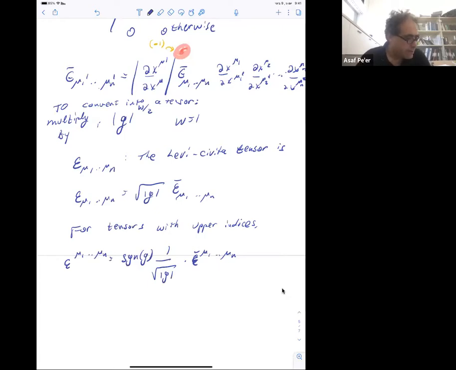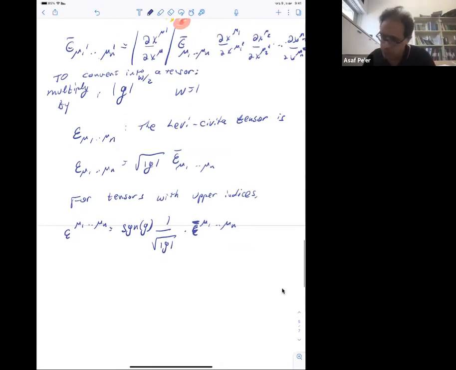Oh, I see that I put myself a note, which is going slightly beyond what we need in this course. Although the Levi-Civita tensor is a tensor when I define it like that, using this extra factor of the determinant of G, in some sense it's still not exactly a true tensor because I cannot define it globally on any manifold.